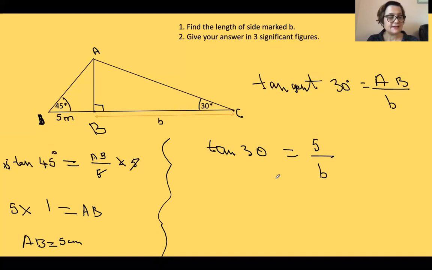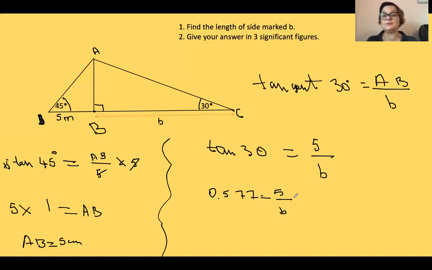Tan 30, even if you forget from the previous problem that we did, you can still use the calculator. So tan 30 equals square root of 3 over 3, and in decimal number it is 0.577, equals 5 over B. Again, I have a variable in the denominator.